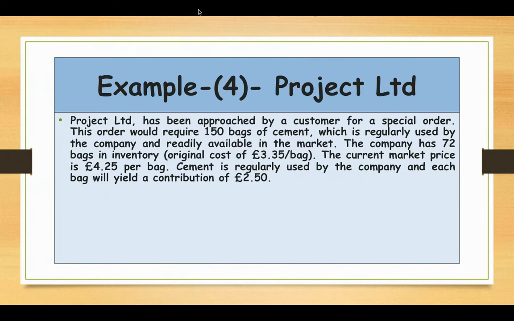The company has 72 bags in inventory. The original cost of that cement bag was £3.35 per bag. So we know the original cost is not relevant. The current market price is £4.25 per bag.